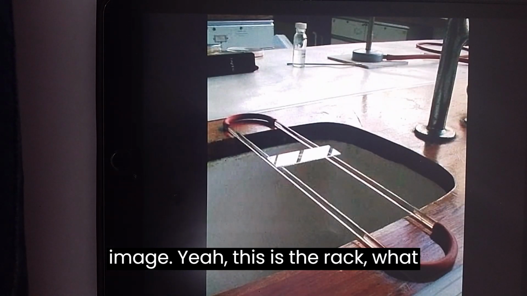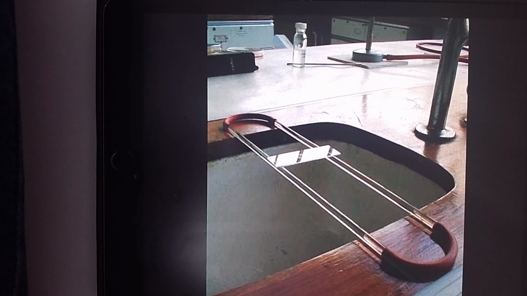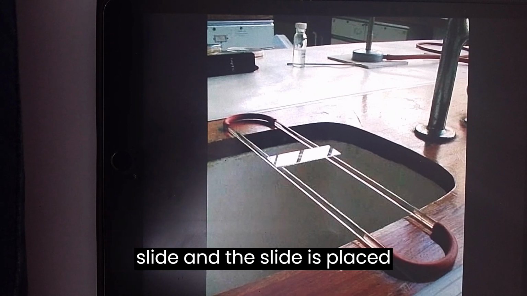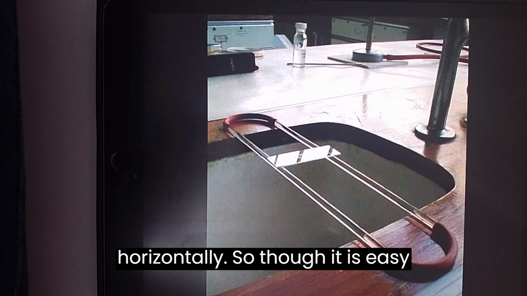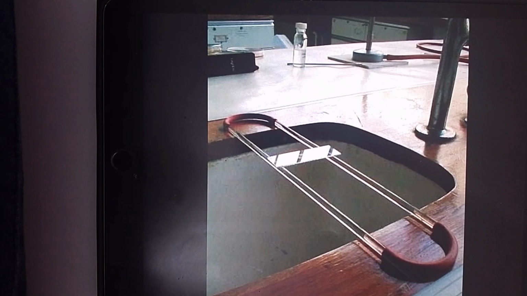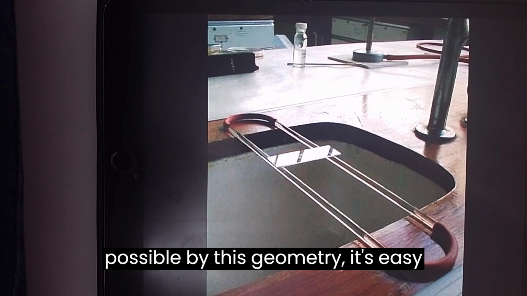Yeah, this is the rack I was talking about. The rack contains two parallel rods, and the slide is placed horizontally perpendicular to them, so it's easy for staining the slide, and it's quite possible by this geometry.